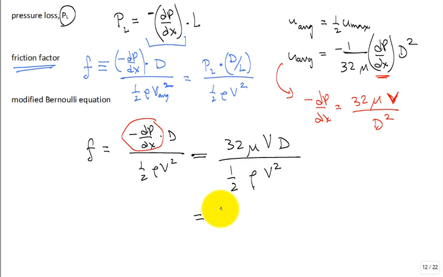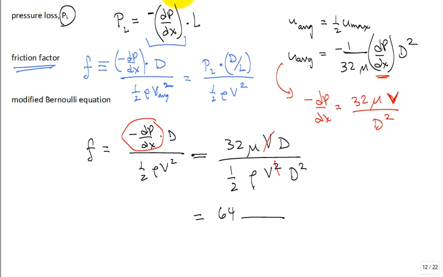The 1/2 goes up, 64. Cancel one of the v's, and you get... I left out the d squared, didn't I? I left out this d squared right there.